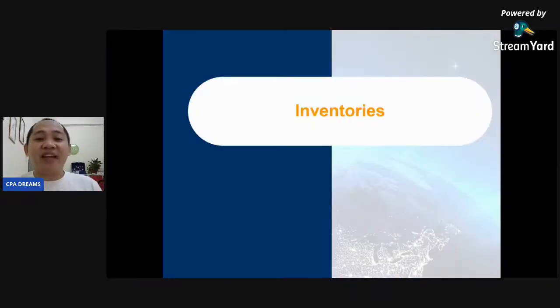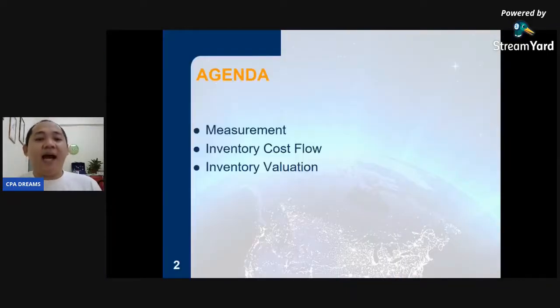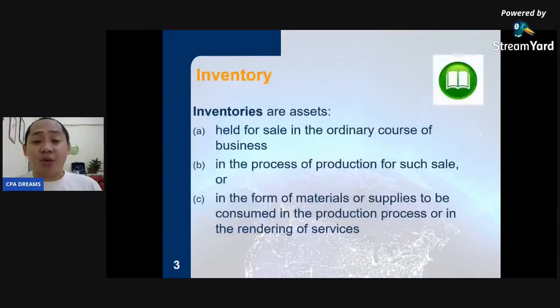Okay, so inventory. Our agenda is measurement, inventory cost flow, and then inventory valuation. Like what I have said, if inventory is given in financial accounting and reporting and auditing problems, it's just a bonus, my friends, because this topic is easy.